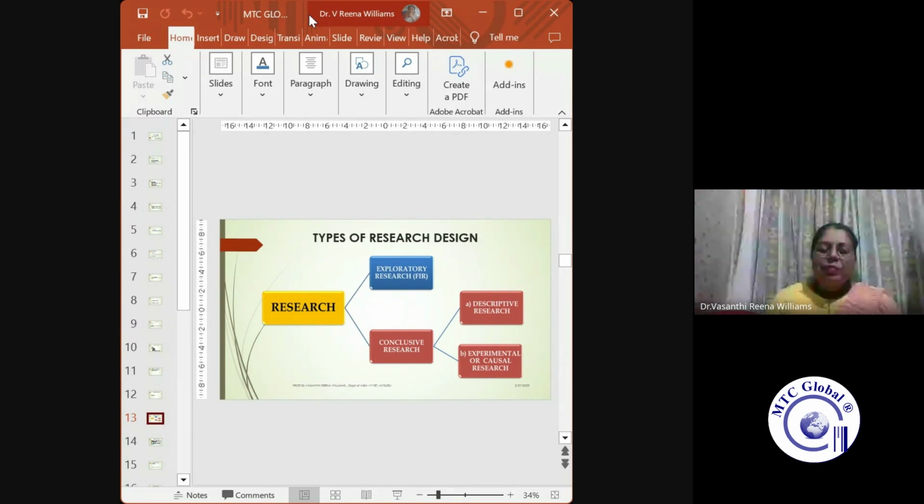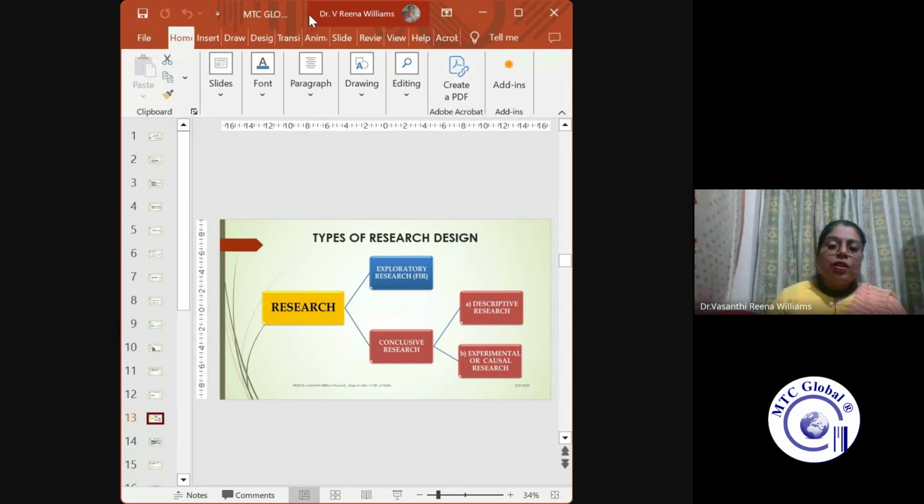So the next point is, now you've understood what a research design is. It's a blueprint. Now this blueprint can be of two types. I've drawn a chart here to make it easy to understand. The research design, that is the blueprint that you make before you start your research, could be exploratory in nature, or we call it exploratory research, or it could be conclusive in nature, or conclusive research.